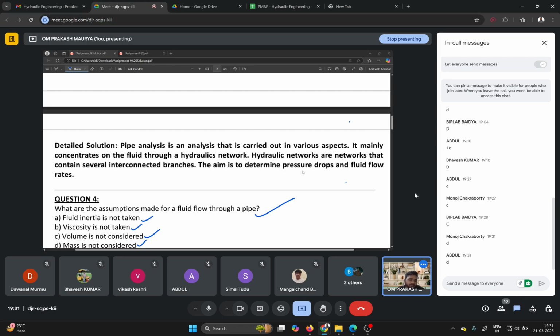Okay, option D. Manoj and Abdul both are telling option D. Mass is not considered. Okay. Abdul also telling D option. Okay.